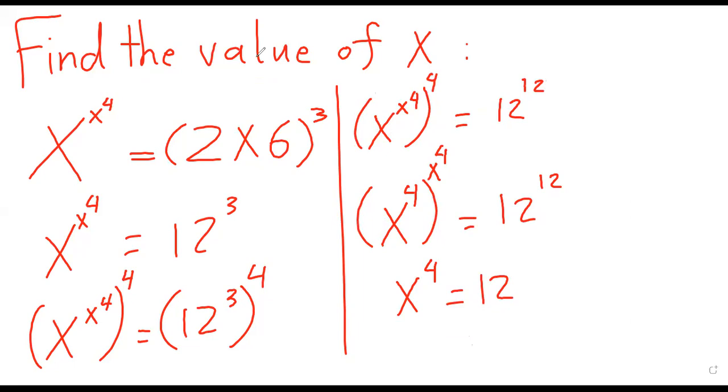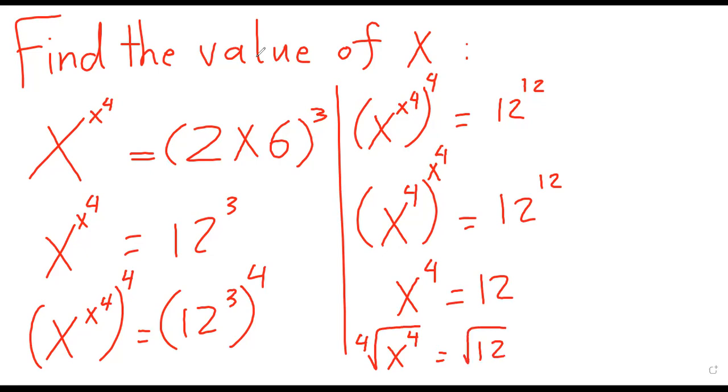We must take the fourth root for both sides, left side and right side. x to the power 4 equals 12. I want to find the value of x, just x, not x to the power 4. So I'm going to take the fourth root for the left side, then I must take it to the right side because of the equal sign between them.